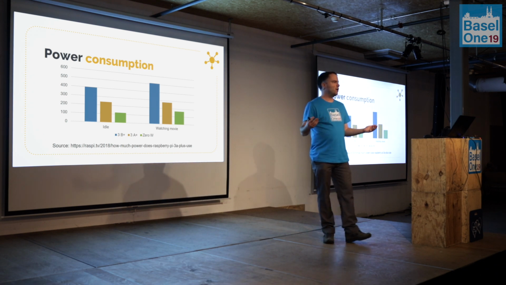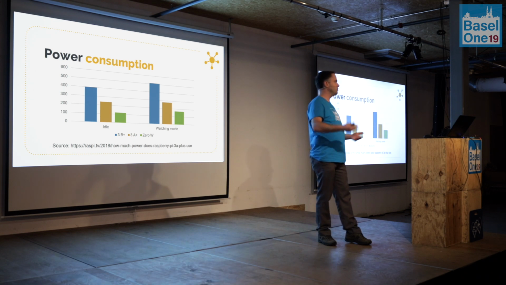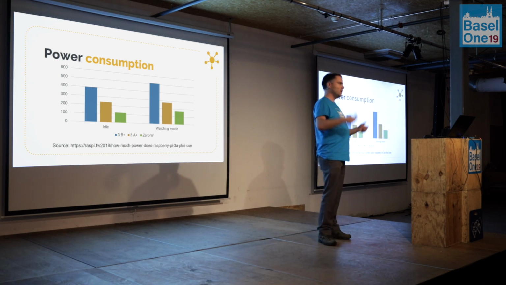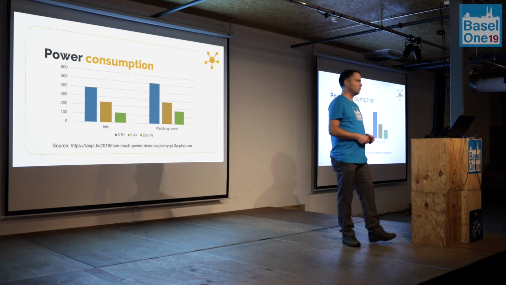And if you want to maybe put a Raspberry Pi in the garden where you don't have a power outlet, but you power it from a battery or something like that, then it's really useful if it doesn't consume that much power. And for most of the stuff that I show you, reading sensors and everything, a single core processor is more than enough.